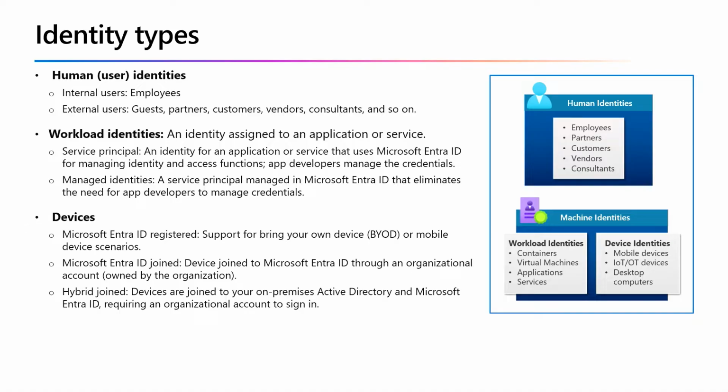We have Microsoft Entra joined, which is a device that joined Microsoft Entra ID through an organizational account. And lastly, we have the hybrid Microsoft Entra ID joined devices. These devices are joined to your on-prem Active Directory and Microsoft Entra ID, requiring an organizational account to sign in to the device.